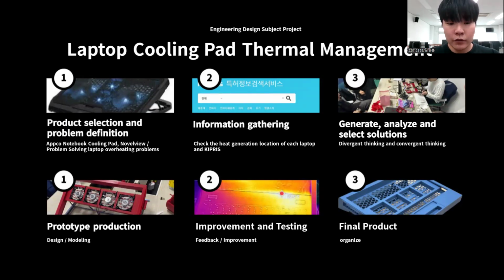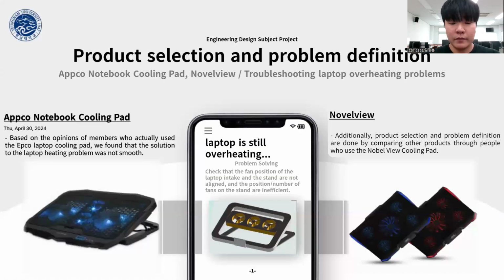Our project took about 3 months. First, we will discuss the reason for selecting our topic and the information and data research that support it, where we identified the problem with laptop cooling pads on the market and aimed to create a model to improve them.